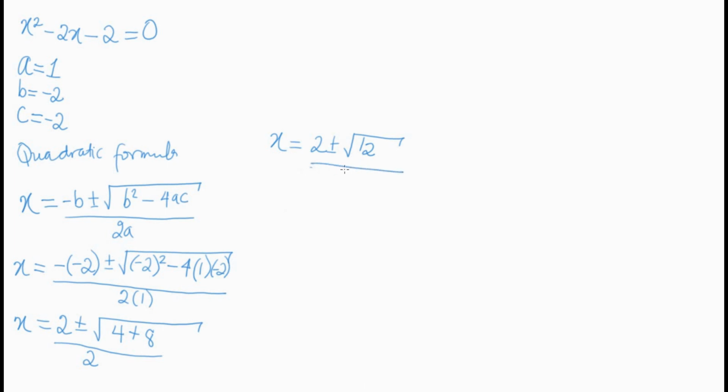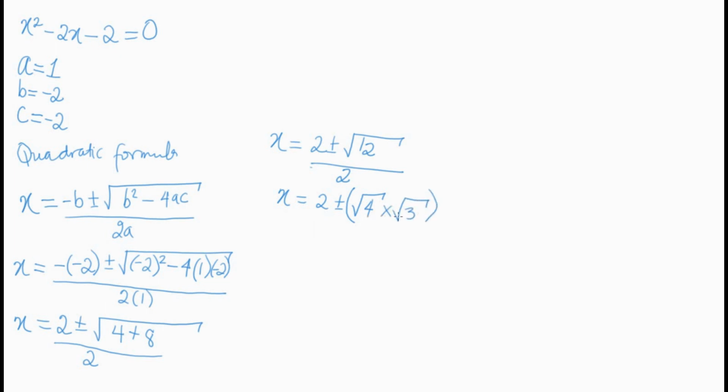So x equals 2 plus or minus the square root of 12, and we can break it down so that we can solve it easily. We make the square root of 12 the square root of 4 times the square root of 3.